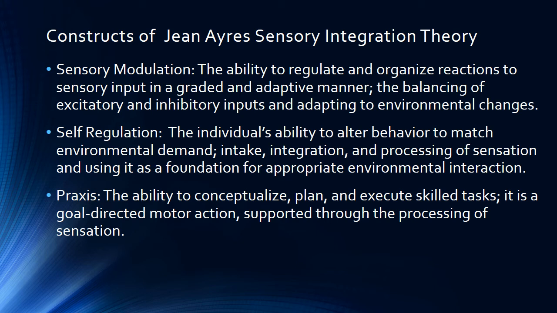Self-regulation is our ability to alter our behavior to match the environmental demand, to take in, integrate, and process sensation and use it as a foundation for appropriate environmental interaction. So it's the ability to gauge how I respond to things.